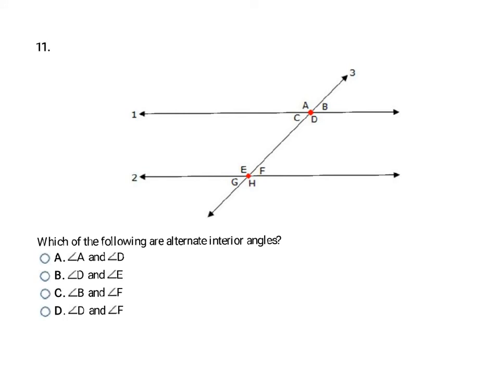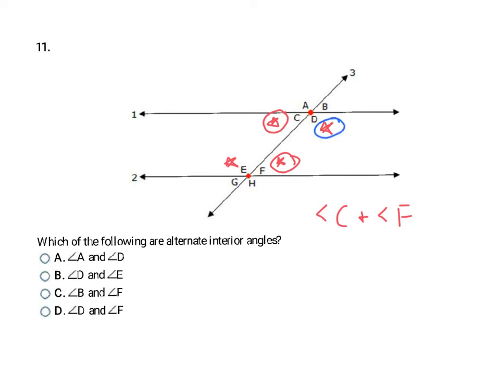So which of the following are alternate interior angles? So that means they're going to be on opposite sides of this transversal, but on the inside. So if I look, these are my four interior angles. If I look at angle C, angle F is on the opposite side of that. So angle C and angle F is one pair of alternate interior angles in this picture.